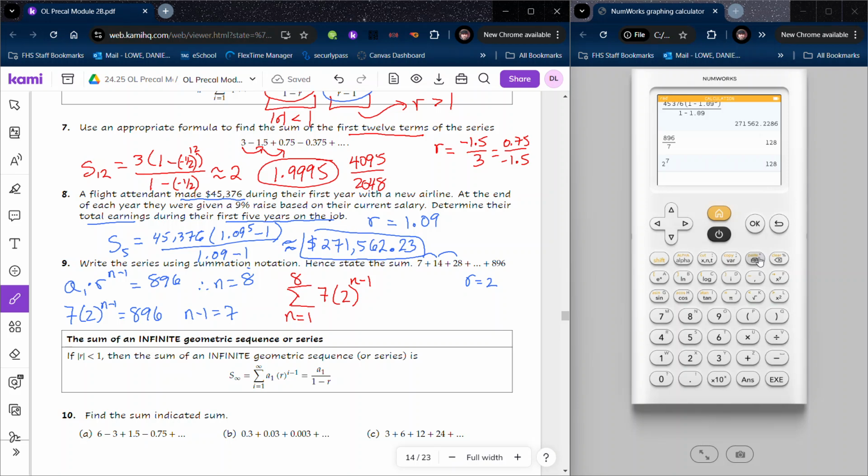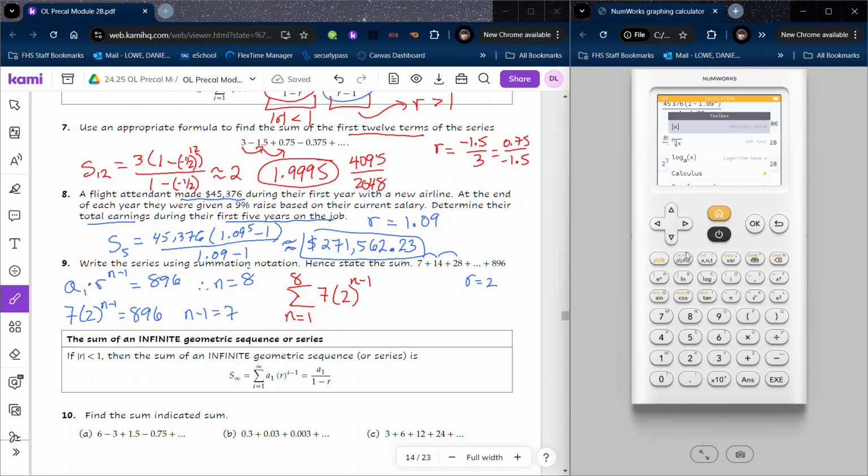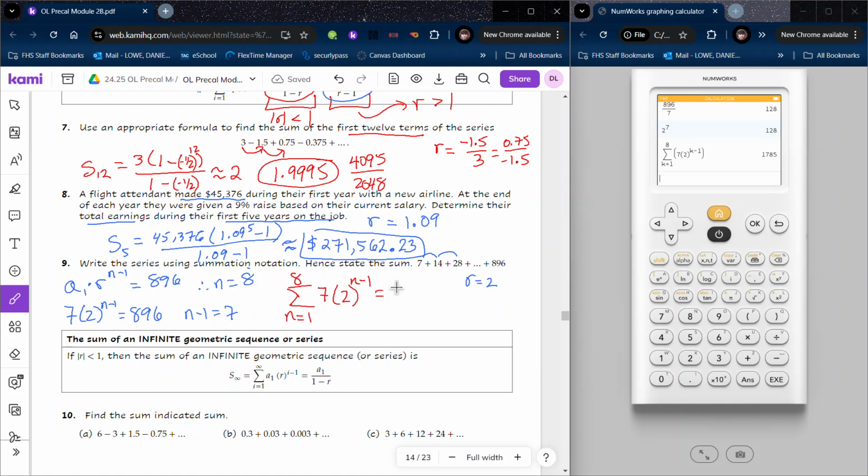On the NumWorks calculator, I'll come to my toolbox, head down to calculus to get to the summation, go to my summation, going from the counter equals 1 to 8, and then it is 7 times 2 raised to that counter minus 1. And that gives me a total sum of 1,785.